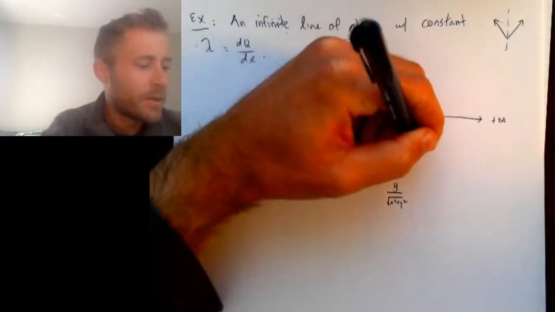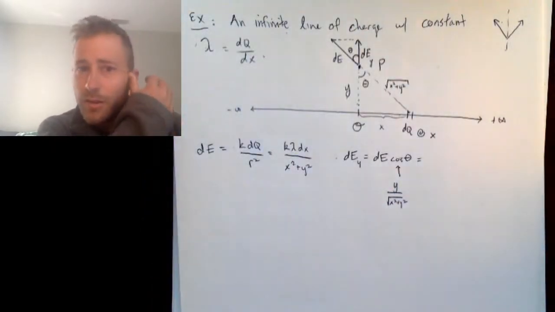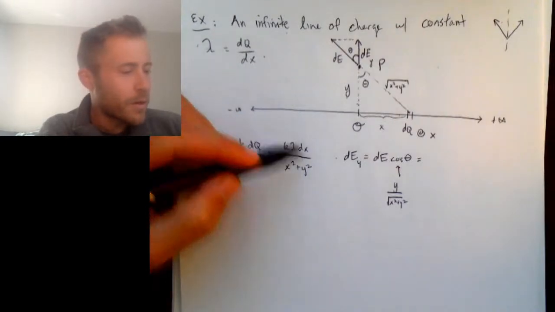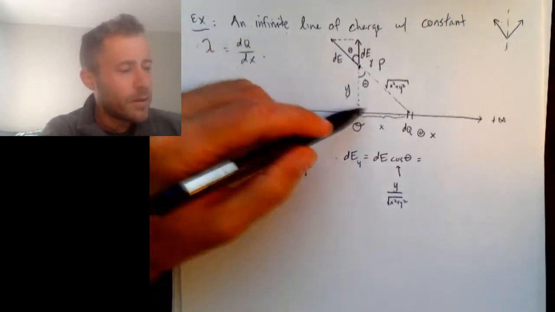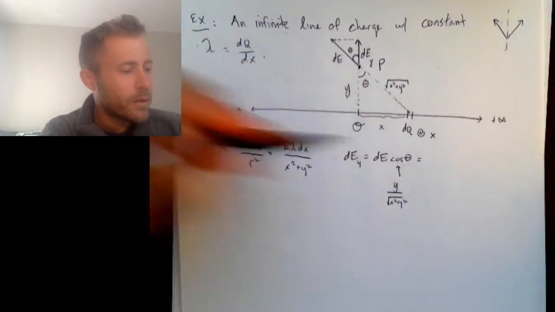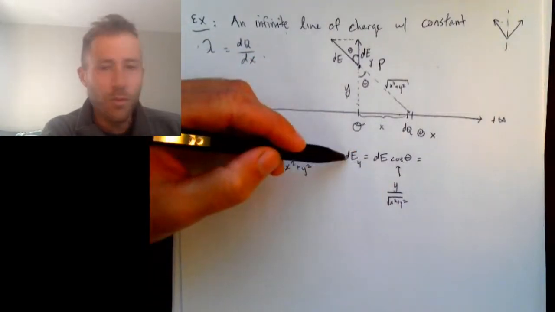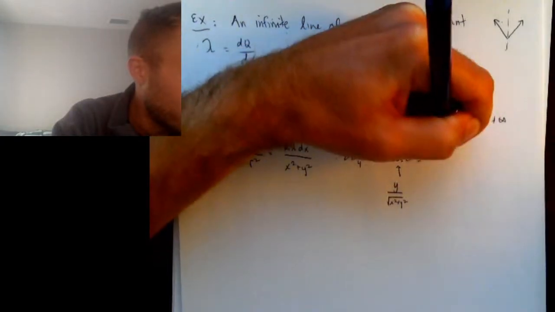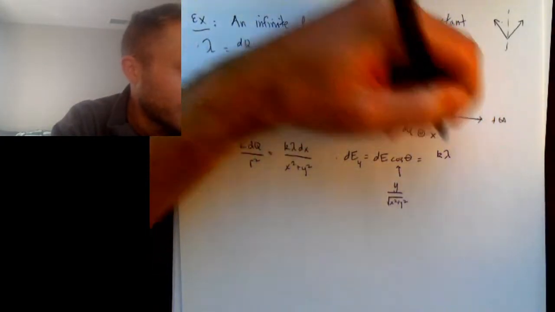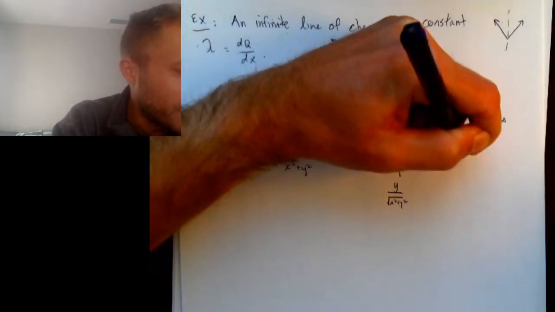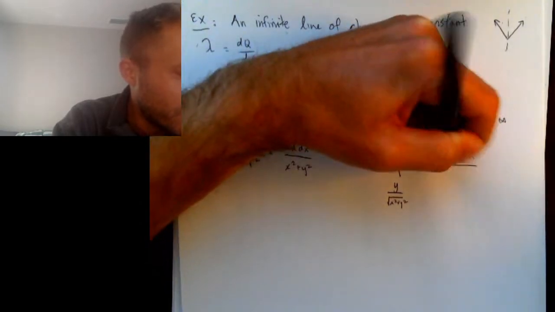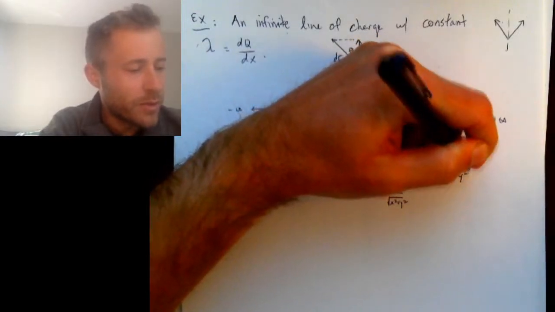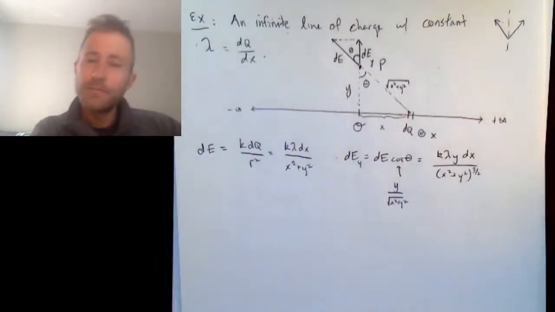So that means that dE, the y component of it, is going to be k lambda y dx over x squared plus y squared to the 3/2.